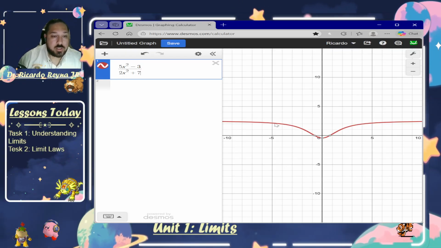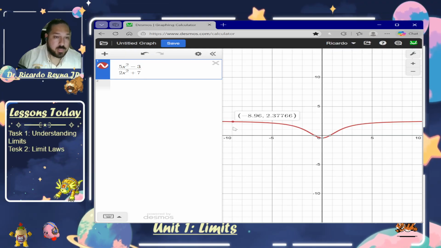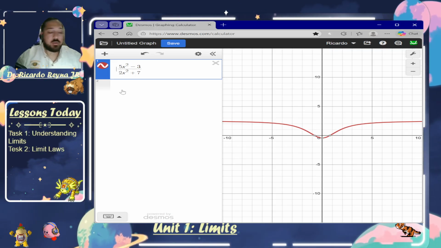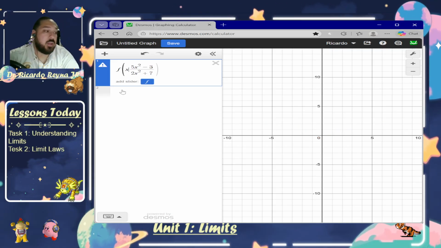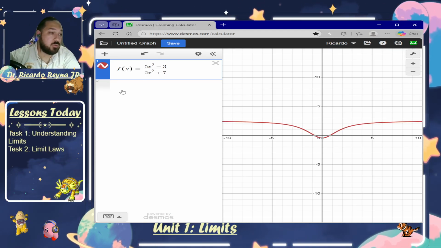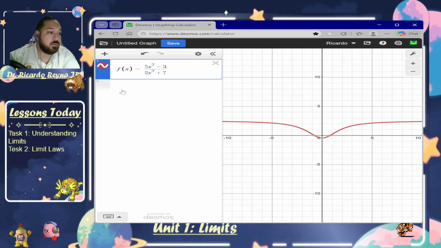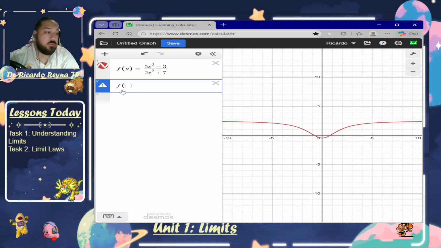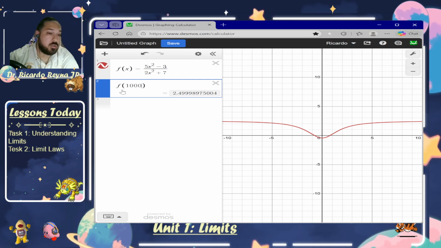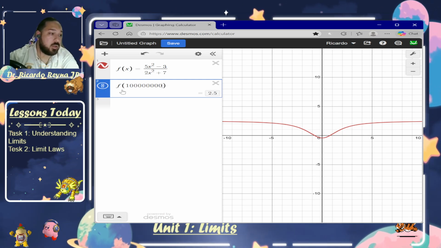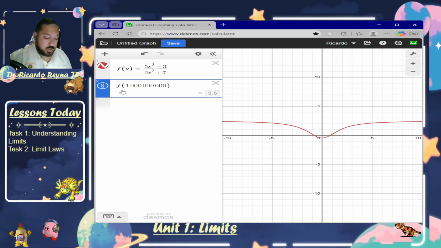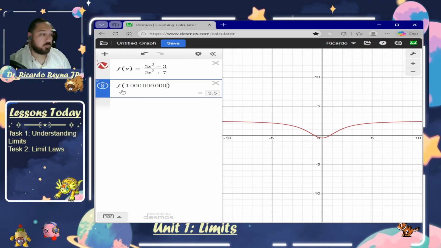Okay, so we see here this weird split, but that if I mark it as f of x and I go to a positive value, f of, let's see, 10, 100, 1,000, etc., my value gets close to 2.5, which is 5 divided by 2.